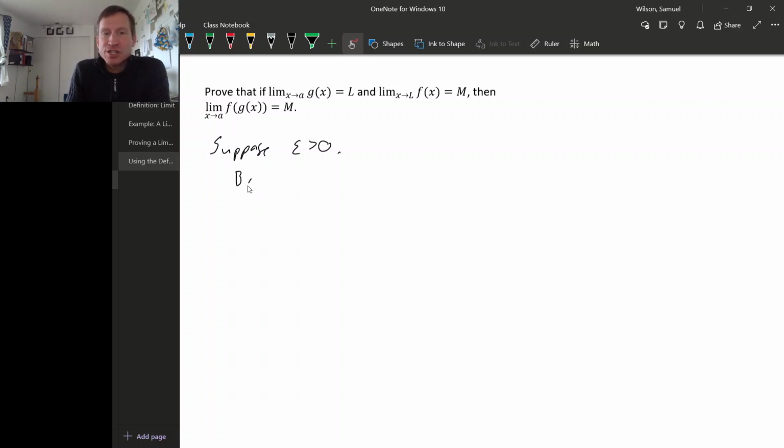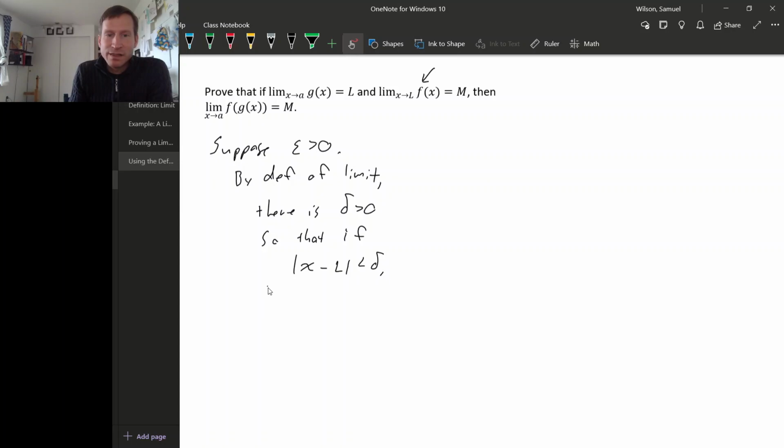So by the definition of the limit, and I'm really thinking of this limit here, there is a delta that's greater than 0 so that if the distance between x and L is less than delta, then the distance between f of x and M is less than epsilon.